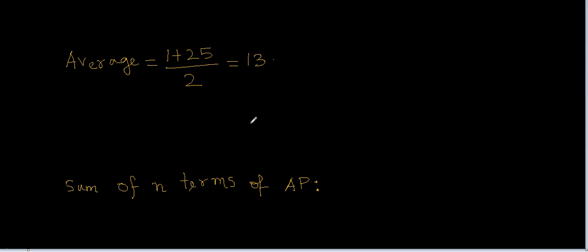So how did I get this? In the last video tutorial, I told you that the sum of n terms of an AP series is given by Sn equals n by 2 into (a plus l), where a is the first term and l is the last term.